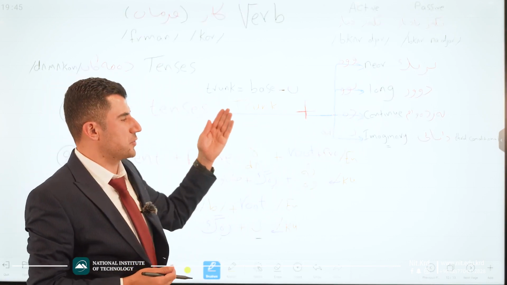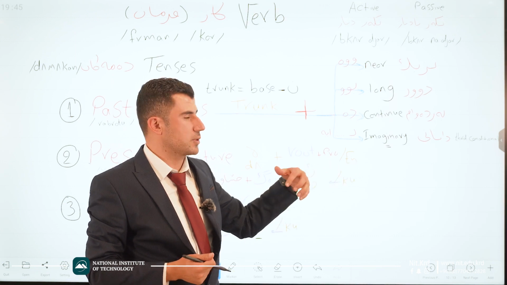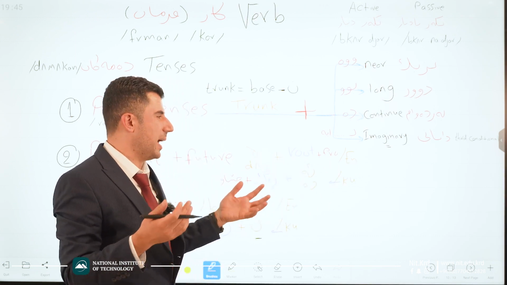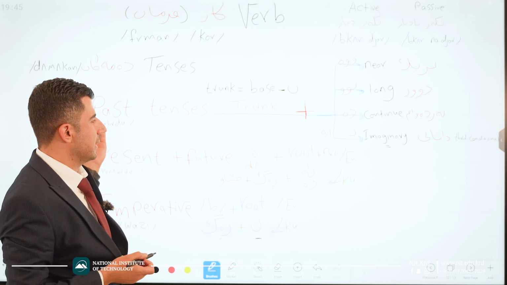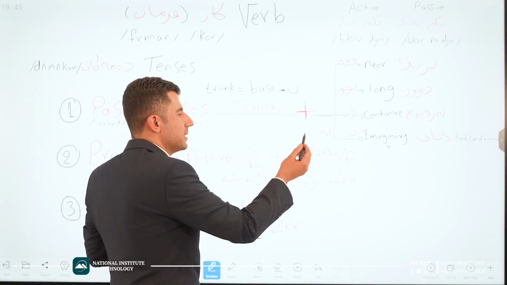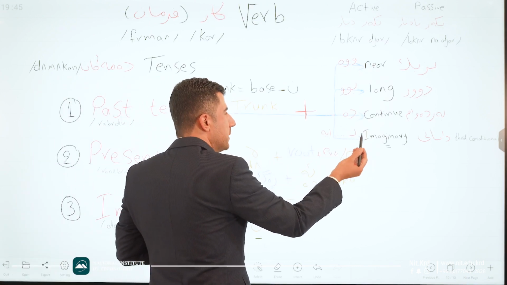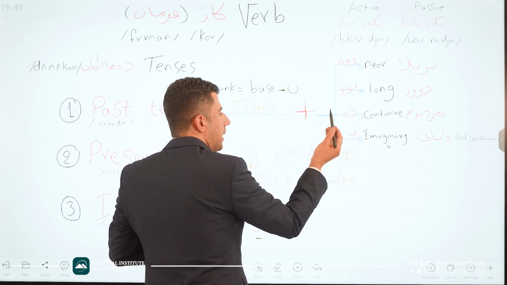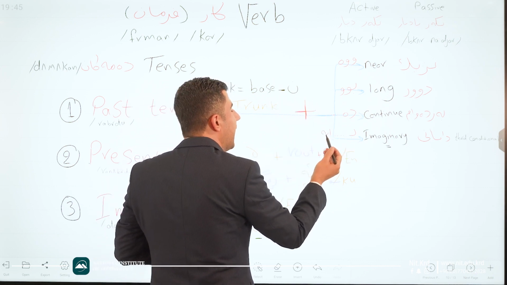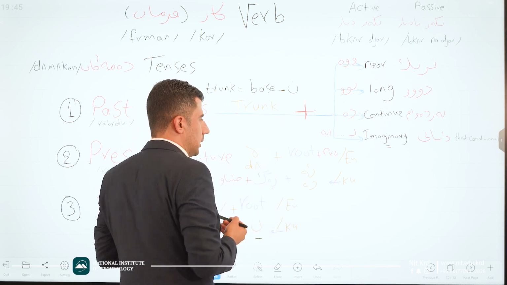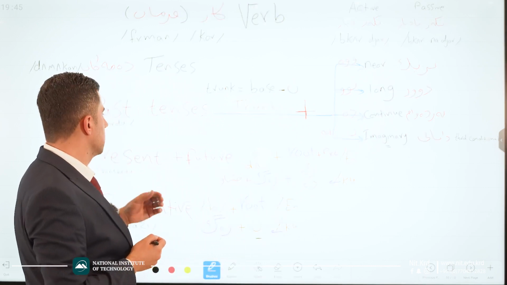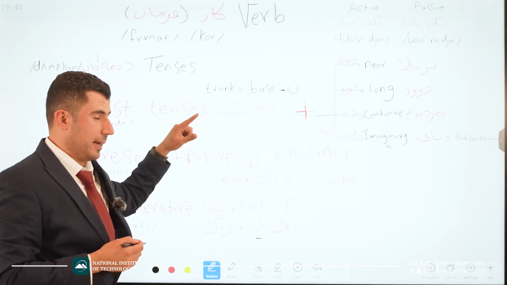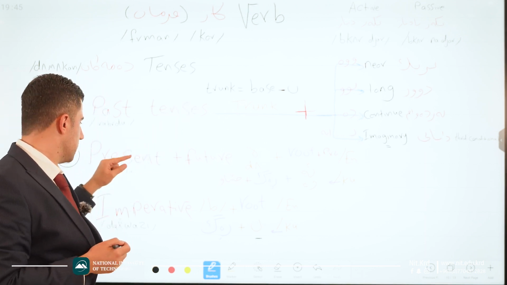And for making past imaginary, which means something will never ever happen, good, we have to add b at the beginning of the trunk, and then add aya at the end of the trunk. Good? Then I'll give you examples for them.